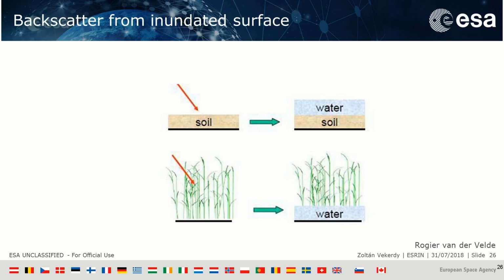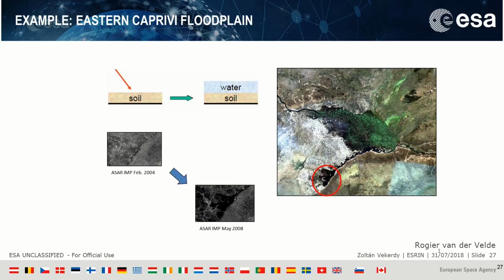That means that you will have very low backscatter towards your sensor. When you have a rough surface with vegetation canopy, you will have much more backscatter to your sensor. There is something in between: vegetation flooded by water. Can you differentiate it or not?